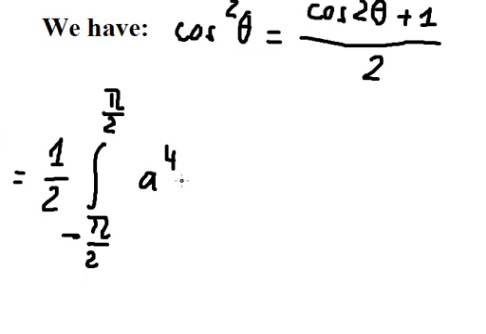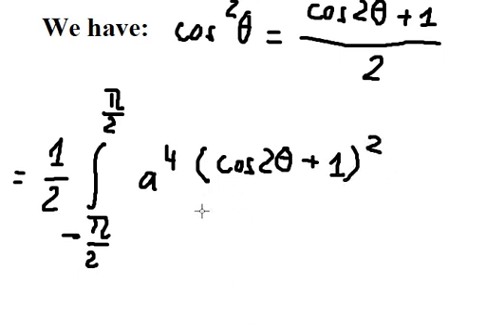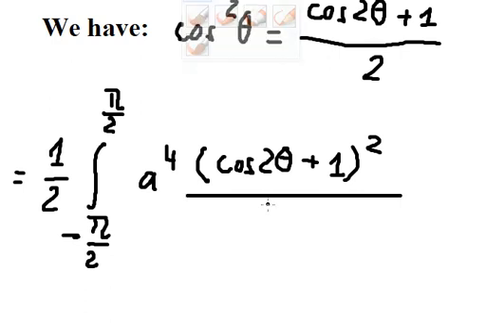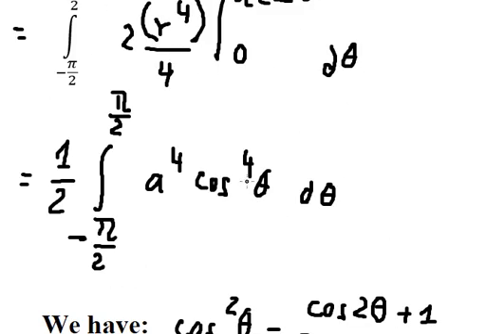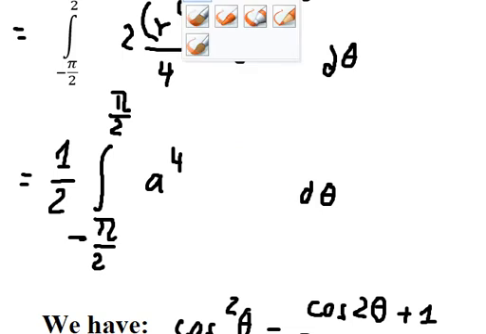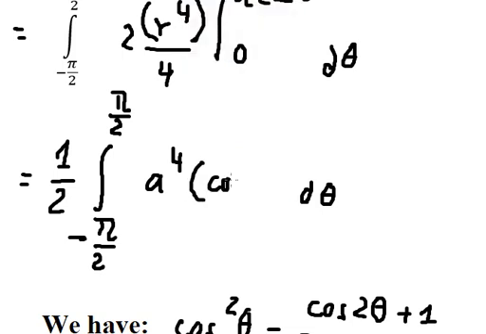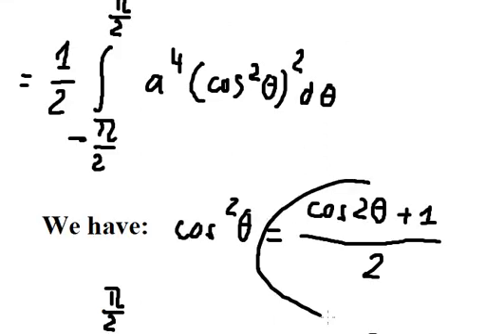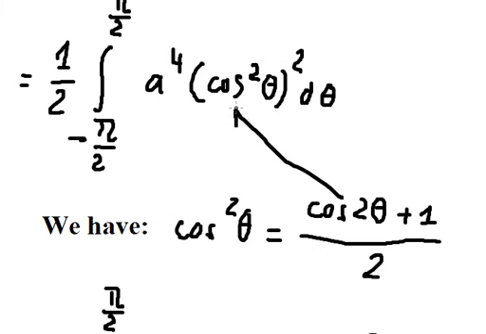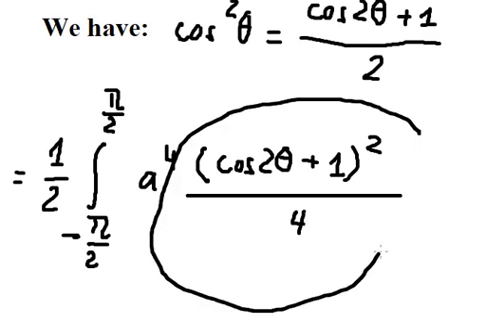That is about cosine 2 theta plus 1, to the power of 2, over number 4. Because cosine theta to the power of 4, that is about cosine squared theta to the power of 2. That's why we put this one going in here, and we have the power 2 like this.